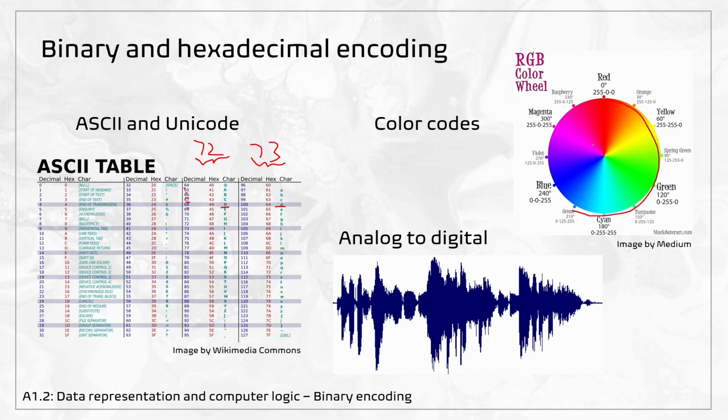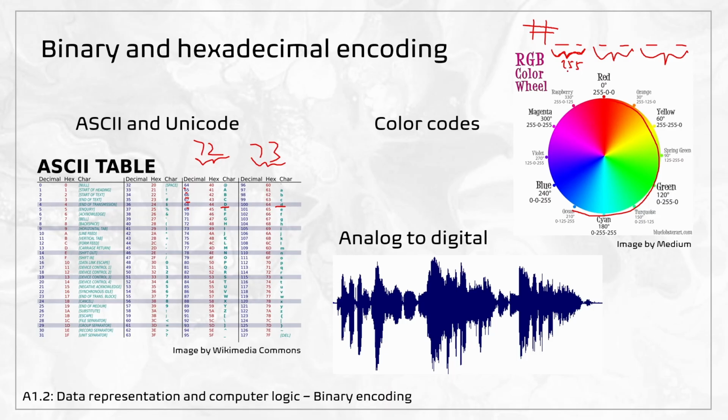So you may have heard of something called a color code. A color code is just six digits with a hashtag right here. These digits represent red, these digits represent green, and these digits represent blue. This is because this color code is written in hexadecimal, and each red, green, and blue goes up to 255.